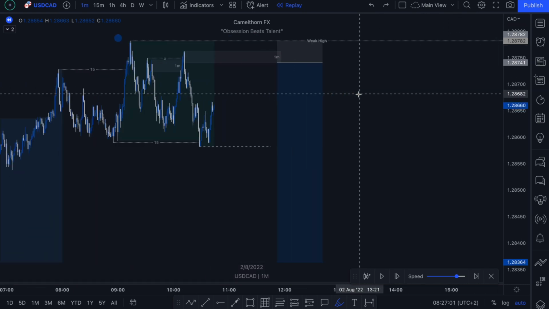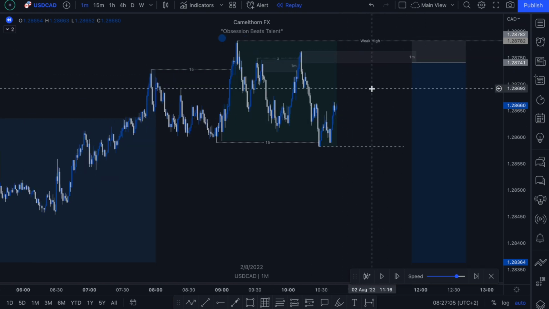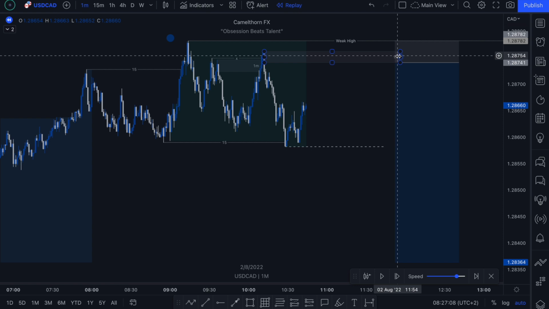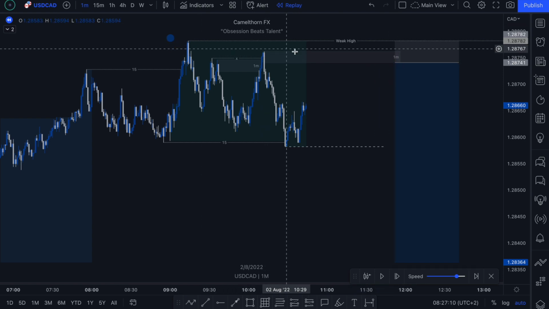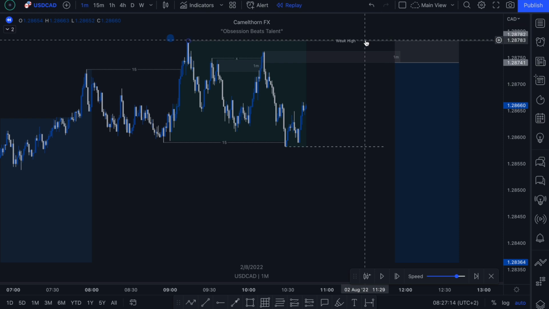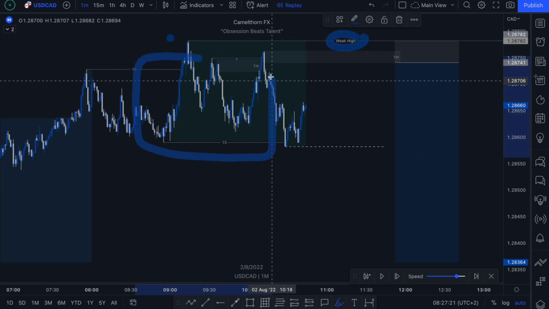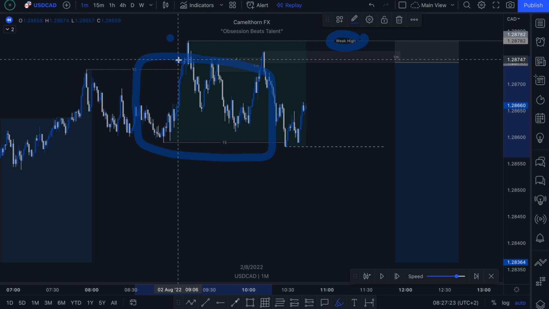So we have now placed a limit order at the open of our 1 minute zone, and we're looking to place our stop loss at the week high. The reason we want to put the stop loss at the week high is because if this particular high goes, then this 15-minute change of character is obviously null and void.